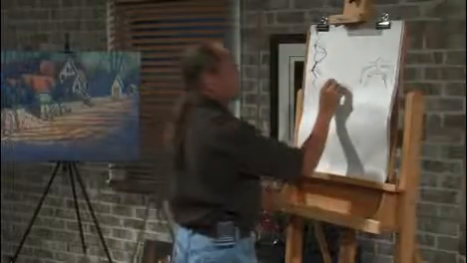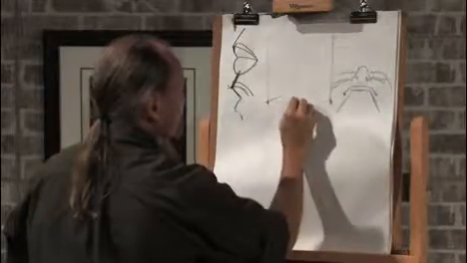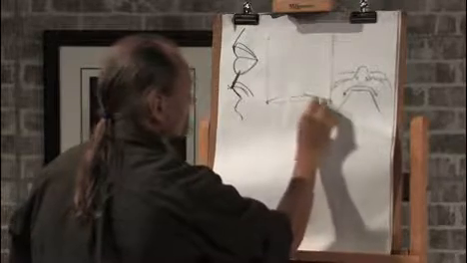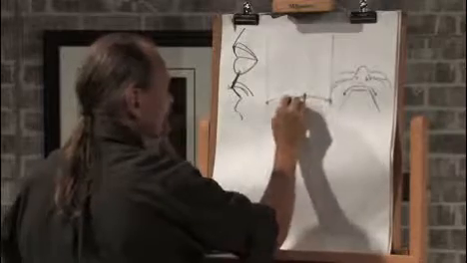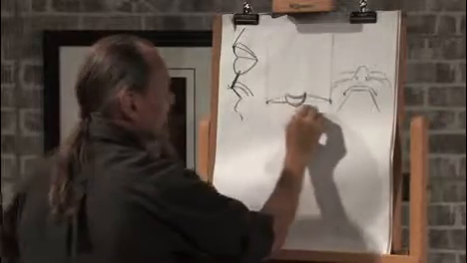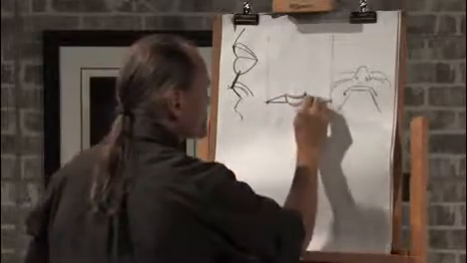Primarily, the top lip has perhaps we could say three essential shapes. One is this crescent curved shape in the middle, flanked on each side by a triangle.